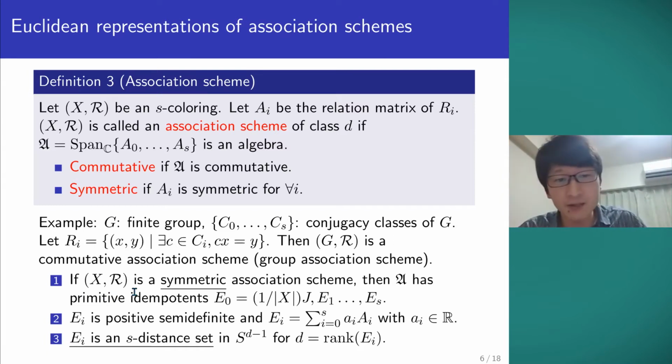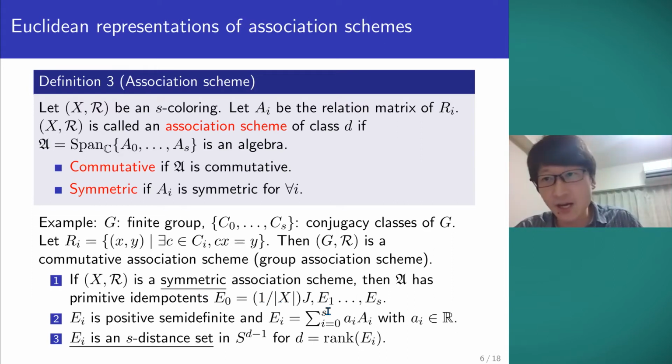If (X, R) is symmetric, we need this assumption of a symmetric association scheme, then the algebra has primitive idempotents. This algebra is called the Bose-Messner algebra. The Bose-Messner algebra is semi-simple, and there are primitive idempotents.